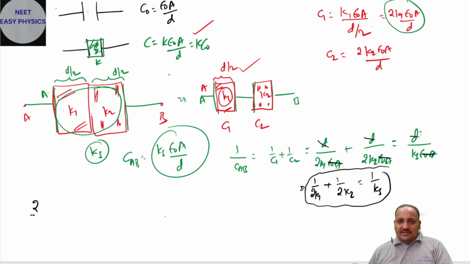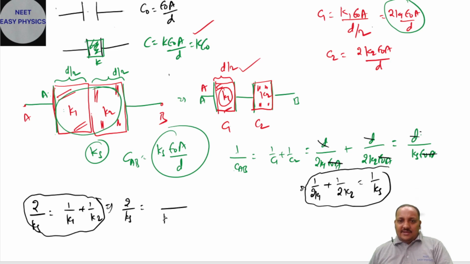Otherwise, 2 by Ks equals 1 by K1 plus 1 by K2. In average velocity, you got a similar equation, isn't it? Now if you take the LCM of K1, K2, it is K2 plus K1. So we cross multiply, and Ks equals 2K1 K2 by K1 plus K2.